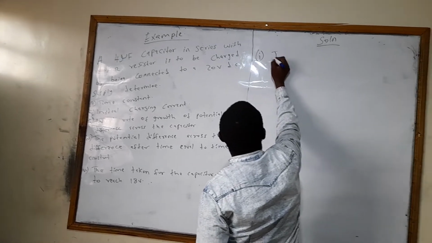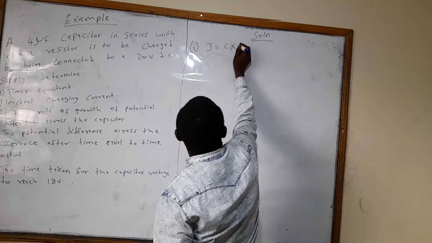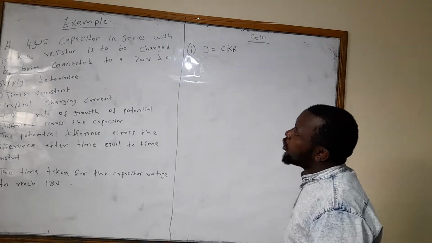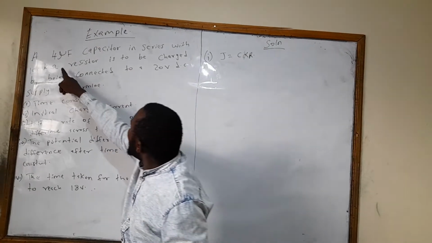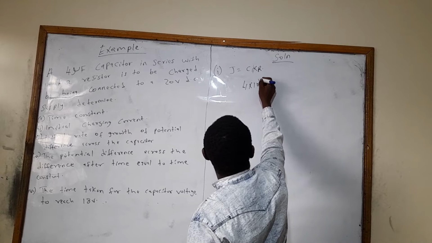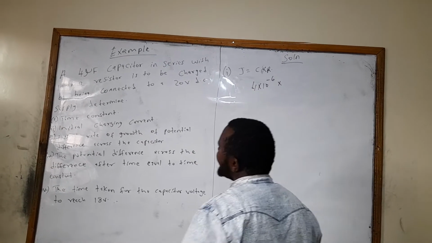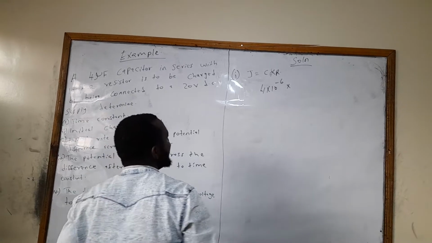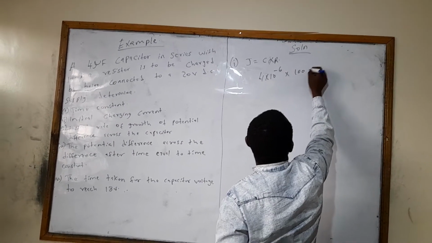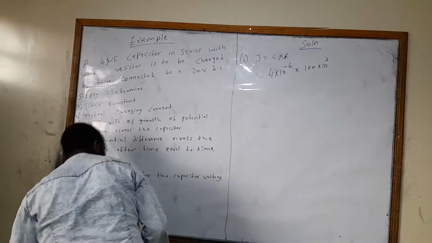The time constant has the symbol tau, and is equal to C multiplied by R. Our capacitor is 4 microfarad, that is 4 multiplied by 10 power negative 6, multiplied by the resistor, 100 kilo ohm, that is 100 times 10 power 3.